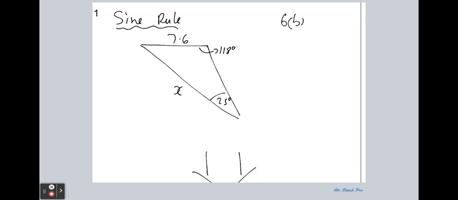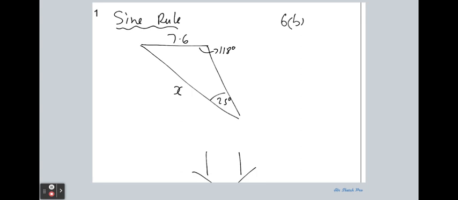So there, they are my pairs. What I could have done is, hang on, someone do it for me. 118 plus 25 is 143? What's 180 minus 143? 17? No. 37?